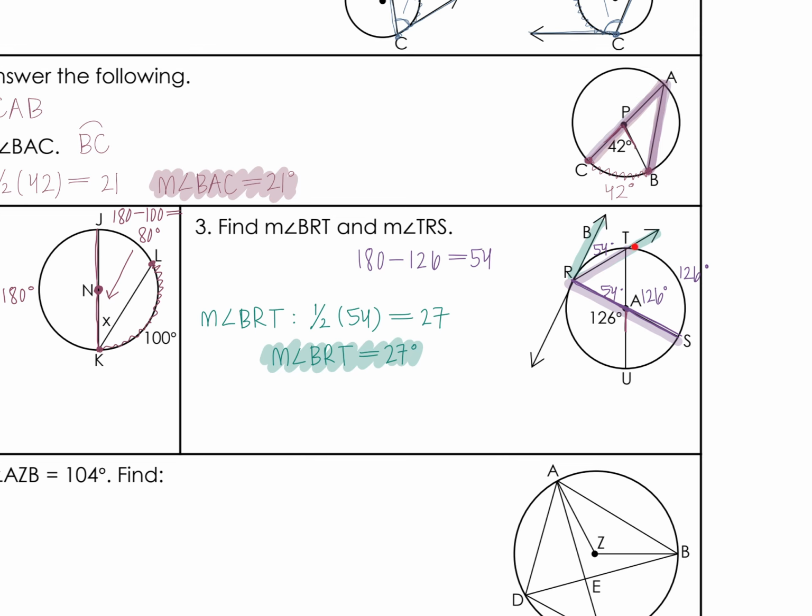We have that angle TRS is going to be using that intercepted arc of 126 degrees. So we're going to take half of that to find my answer. So we'll get that the measure of angle TRS is going to be 63 degrees.